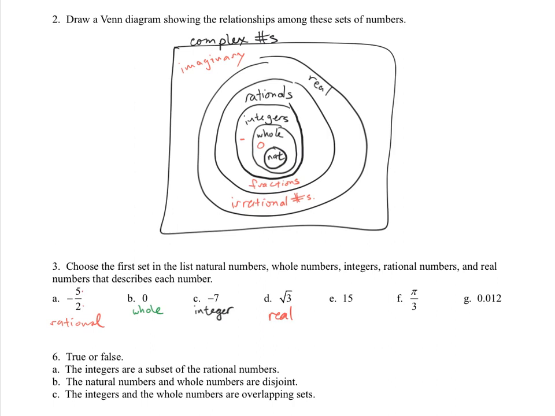And we first would see that in the natural numbers. With pi over 3, anytime you see pi, that's just automatically real. And then the last one here, this would be a decimal, which can be converted to a fraction. And if you have a fraction, that would make it rational.